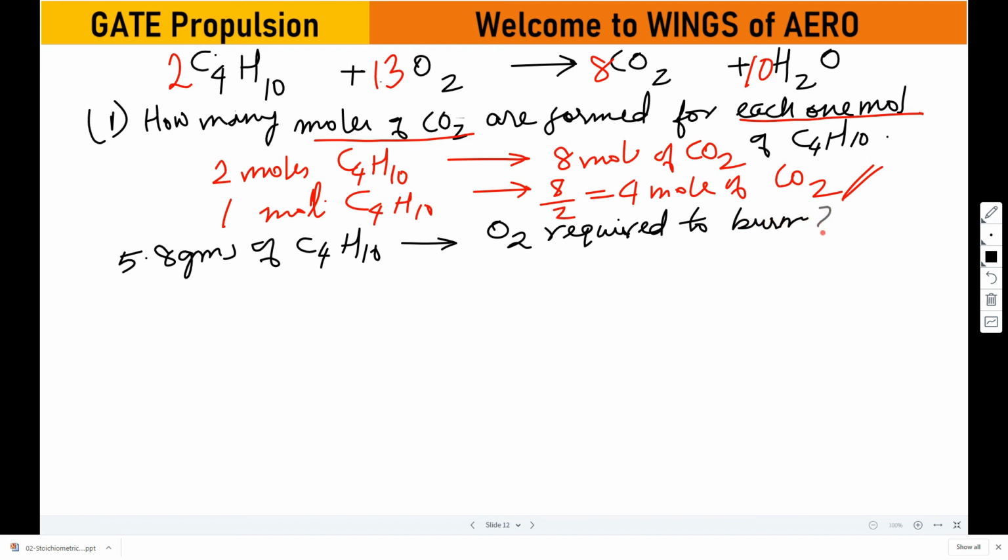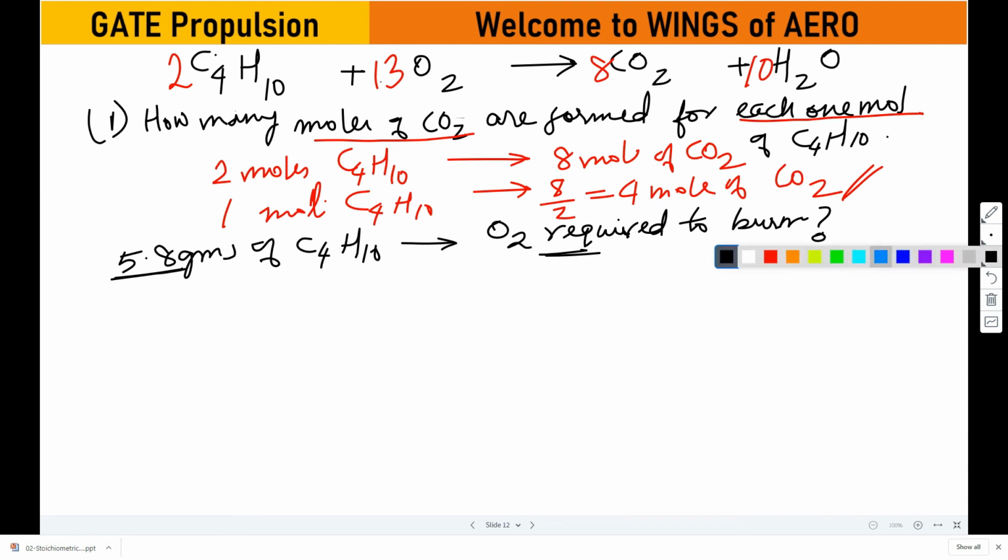They have given 5.8 grams of C4H10. Now from here what you have to find is the amount of oxygen required to burn.